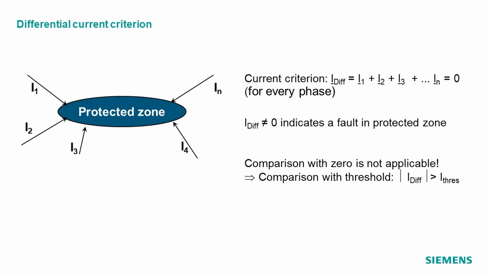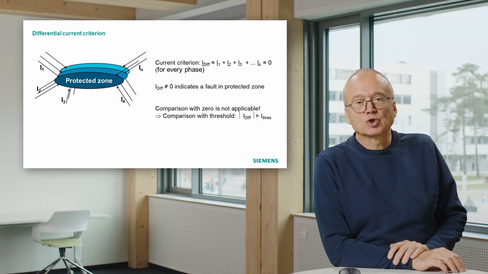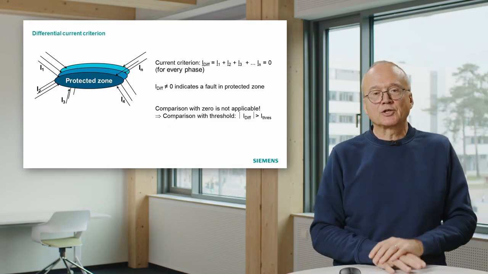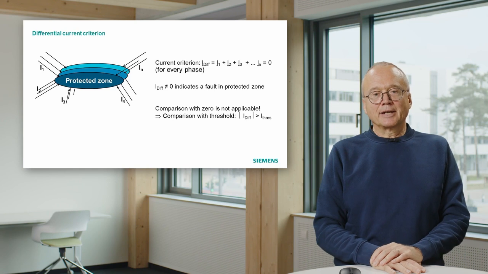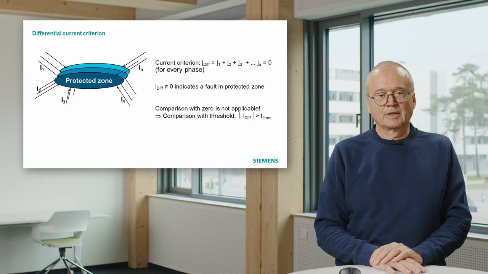You measure all the currents and you sum up the currents. Do that individually for all three phases. And in normal operation, this sum should be 0. And if this sum of the currents, we call this sum the differential current, is unequal to 0, then it is an indication that there is a fault on the protected line.